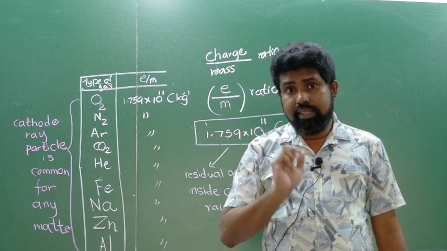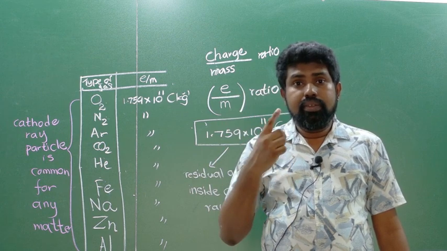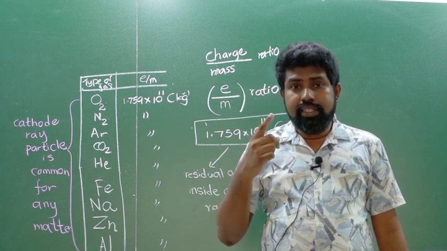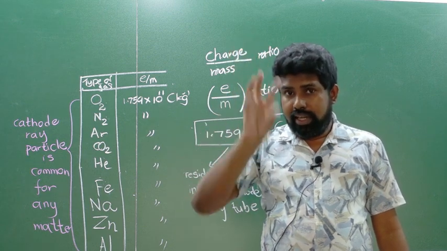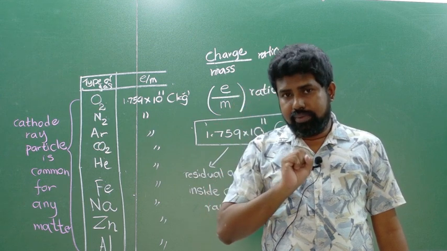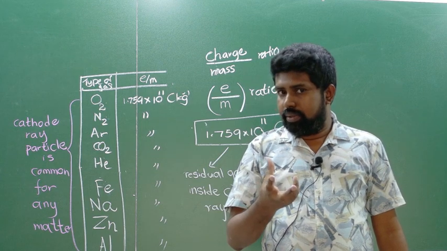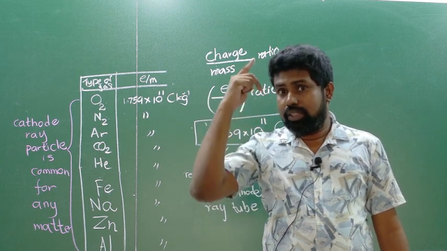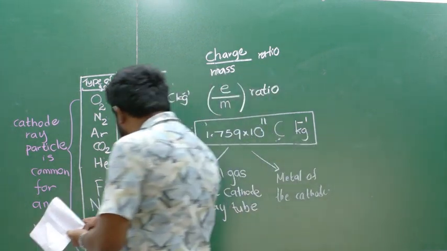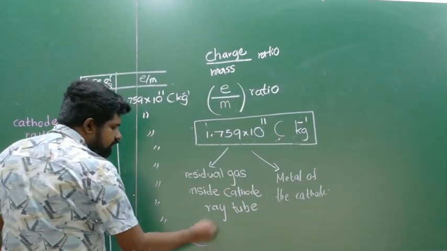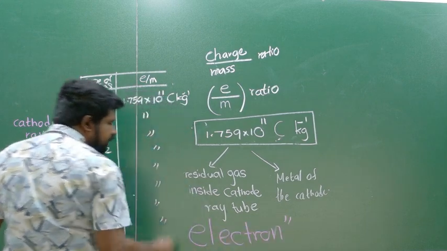Then he remembered the word electron, because Stoney had already named the electric particle inside the atom as the electron. So he named these cathode ray particles electrons. This is the discovery of the electron.